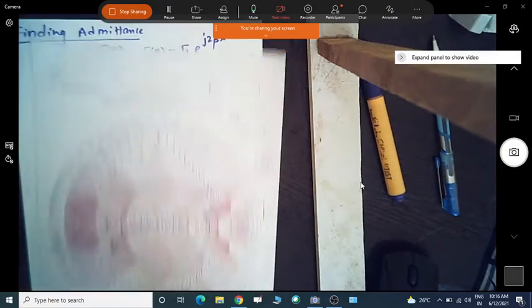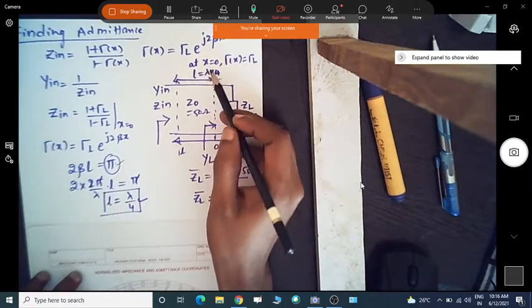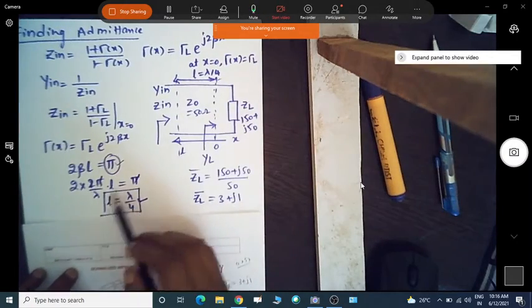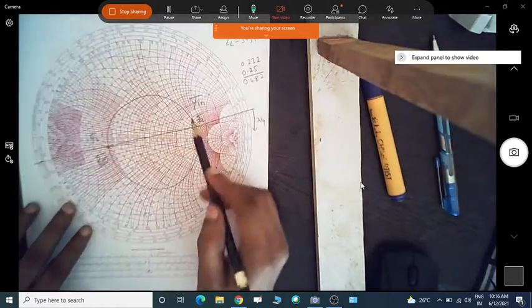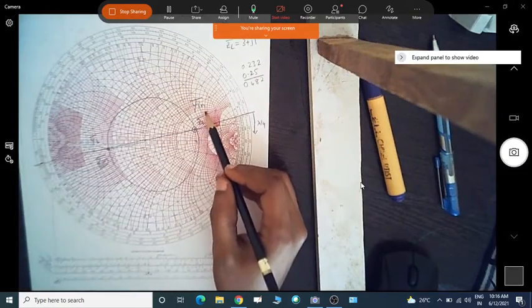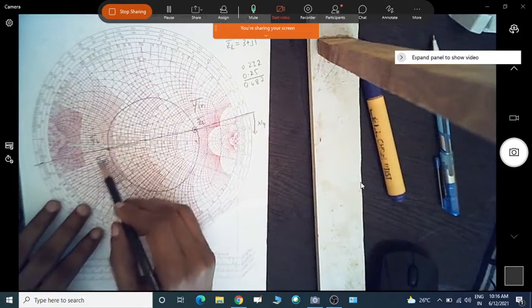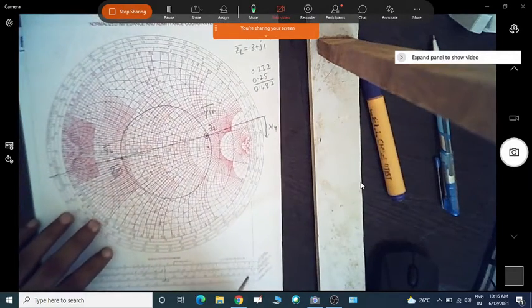Because the length of the line is lambda by 4, the phase change is also lambda by 4, so the normalized load admittance value is nothing but the normalized input impedance value.